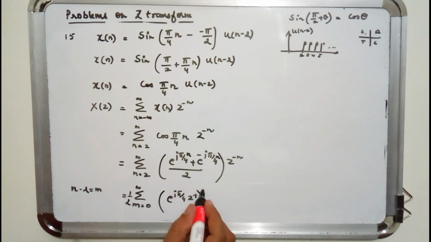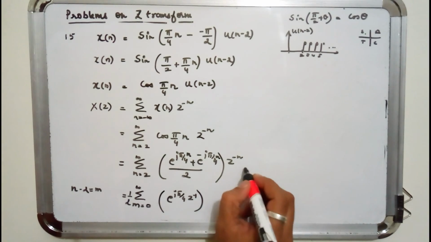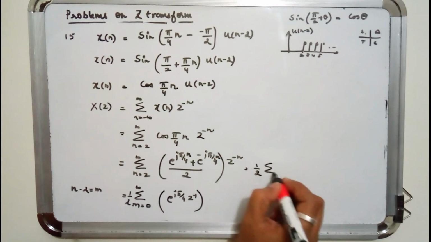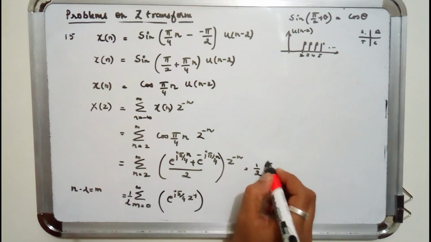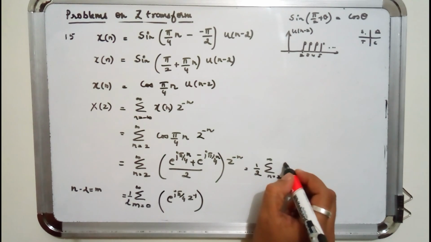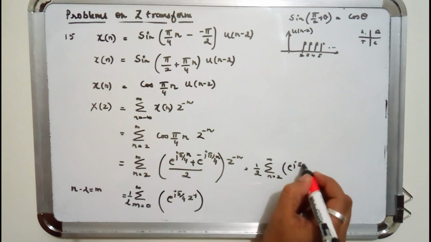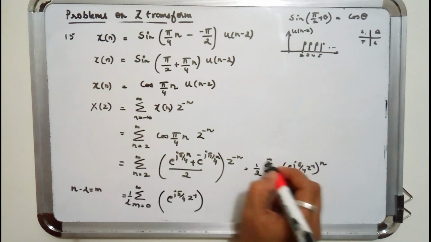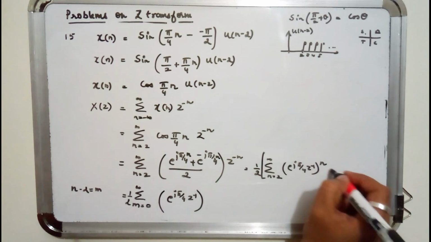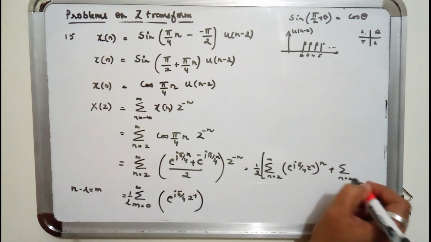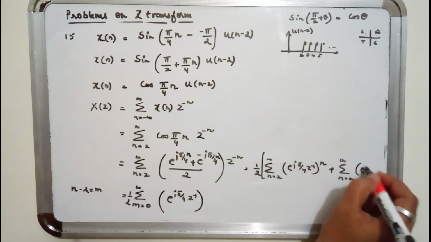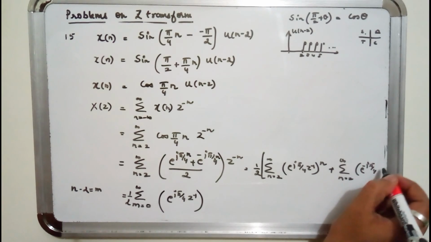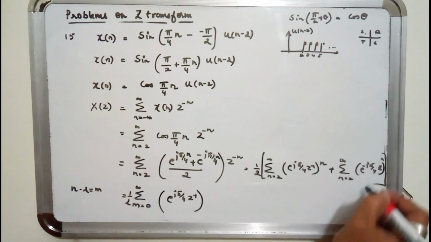I'll simplify here: 1/2 summation n equal to 2 to infinity (e^(j pi/4) z inverse)^n, and plus summation n equal to 2 to infinity (e^(minus j pi/4) z inverse)^n again.